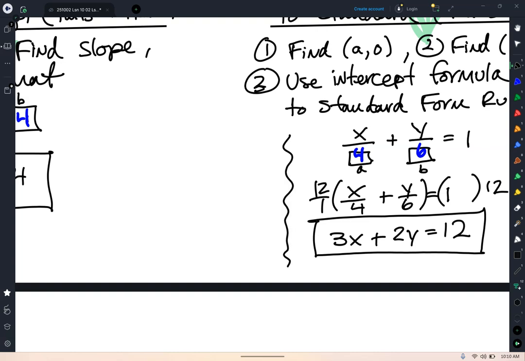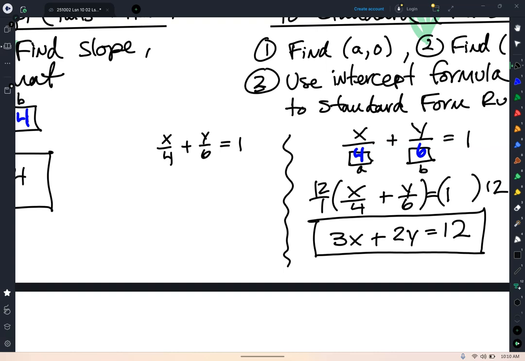Let's go back to this same problem that we just did a second ago. I'm going to rewrite this problem up here: x over 4 plus y over 6 equals 1.